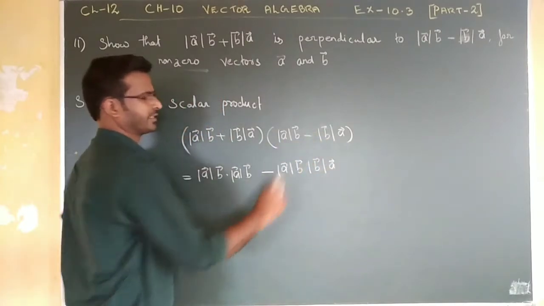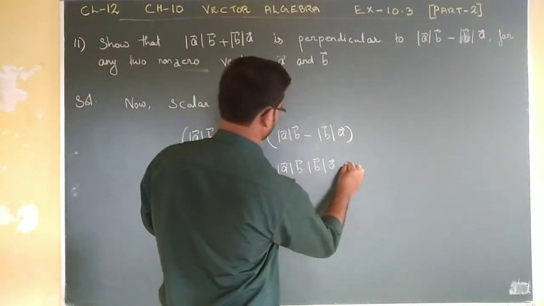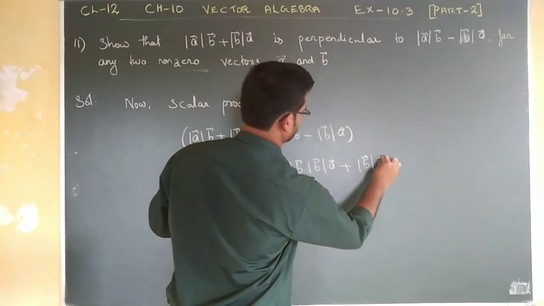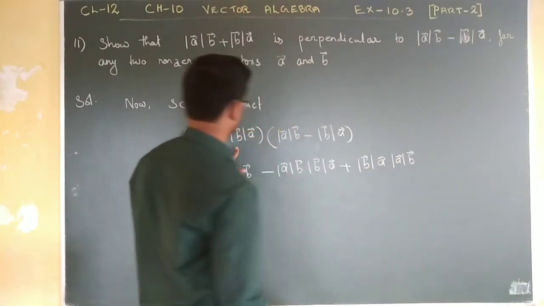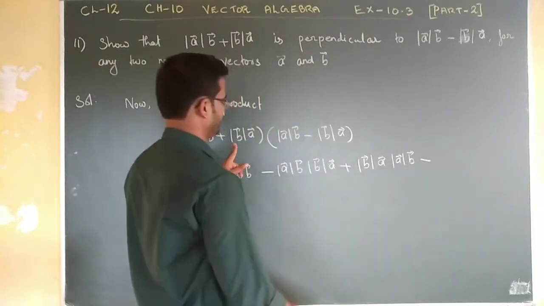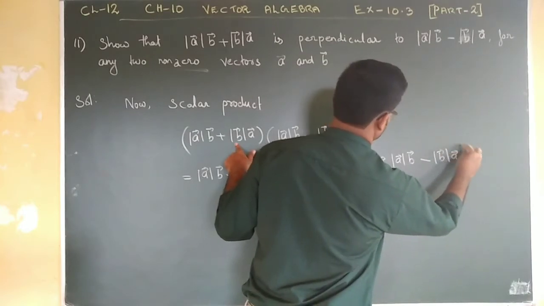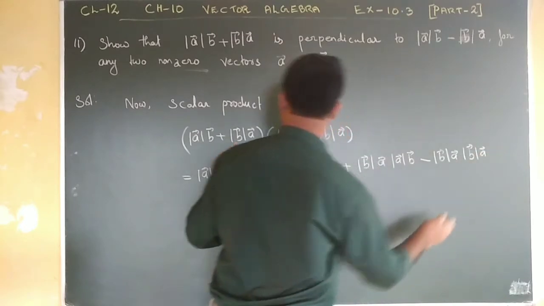First term and second term is multiple. Then use second term and first term plus magnitude of b vector a vector, magnitude of a vector b vector. Second term and second term plus into minus, we can write minus magnitude of b vector a vector, magnitude of b vector a vector.